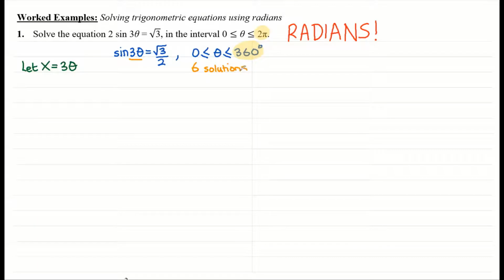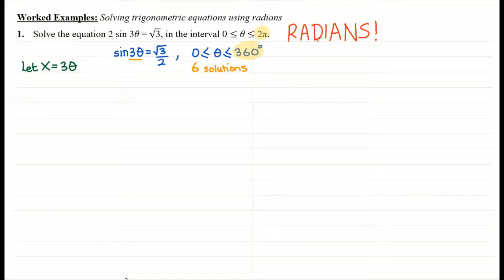I hope that's clear. So we're expecting 6 solutions, and those 6 solutions are going to be in radians. So just have one eye on that, and don't forget about the radians. Okay, so let's make the substitution.